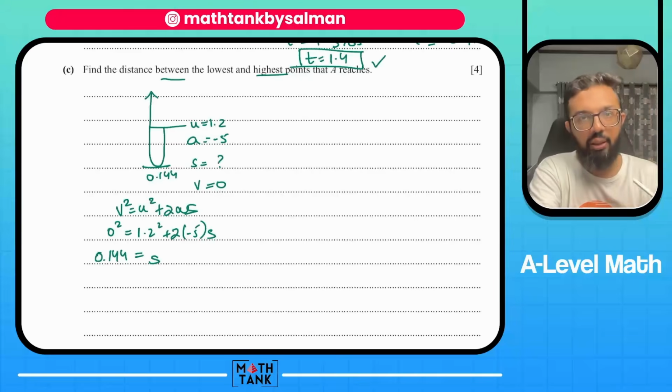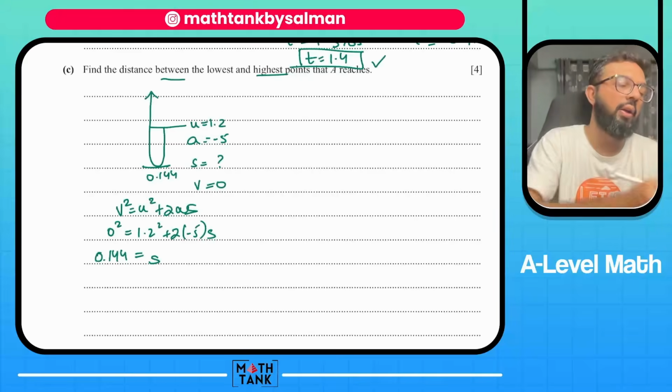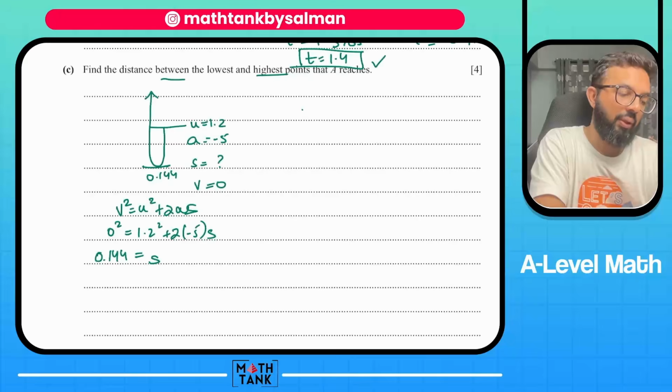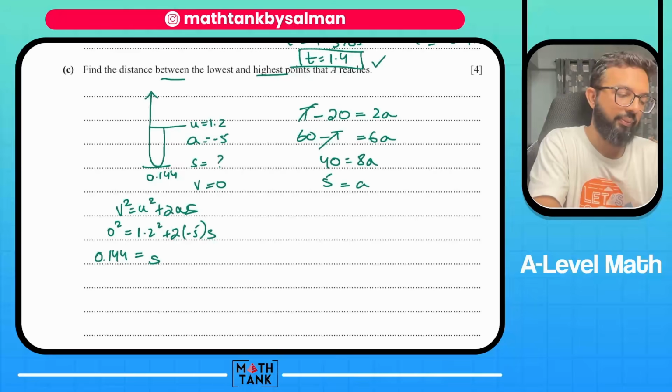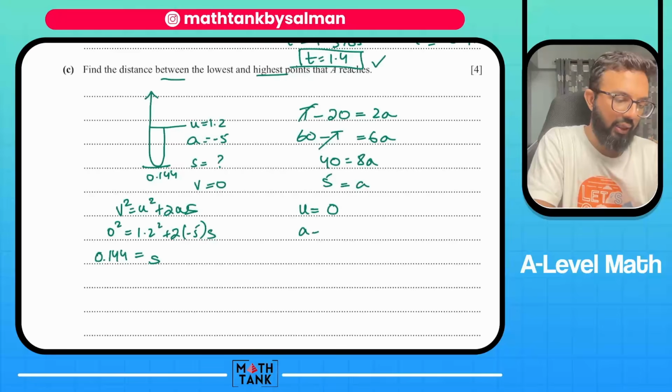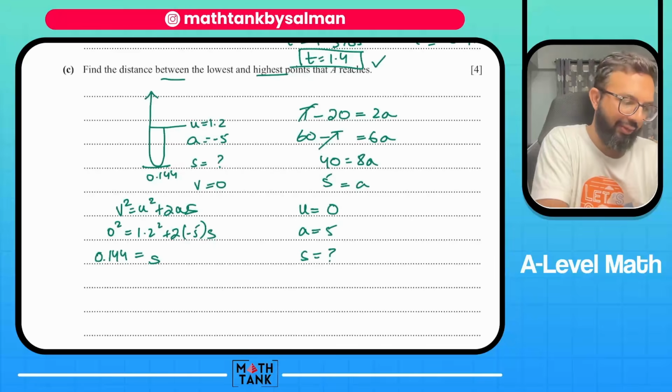What is happening at that point? The motion is reversing, so I have the entire opposite equations. Now the equations are reversed. What is driving A? T minus 20 equals 2a. And then B is going down, so 60 minus T equals 6a. So a equals 5. Now the particle is starting off again. It has an acceleration of 5. I should find out how high it goes at this point.